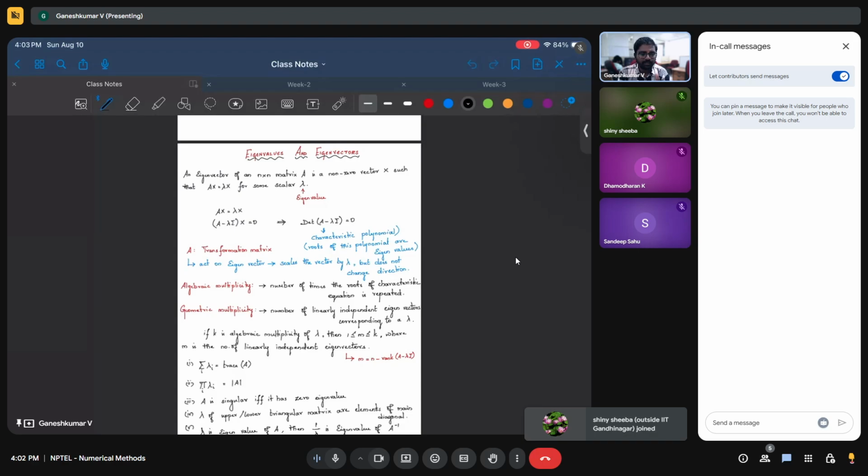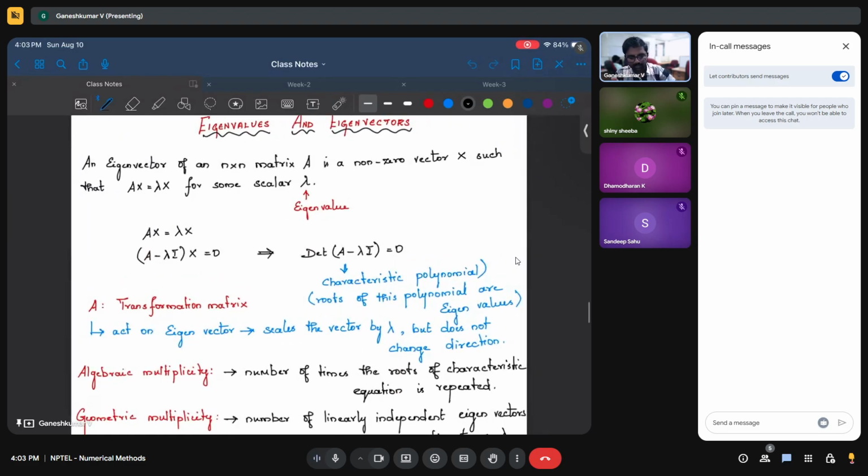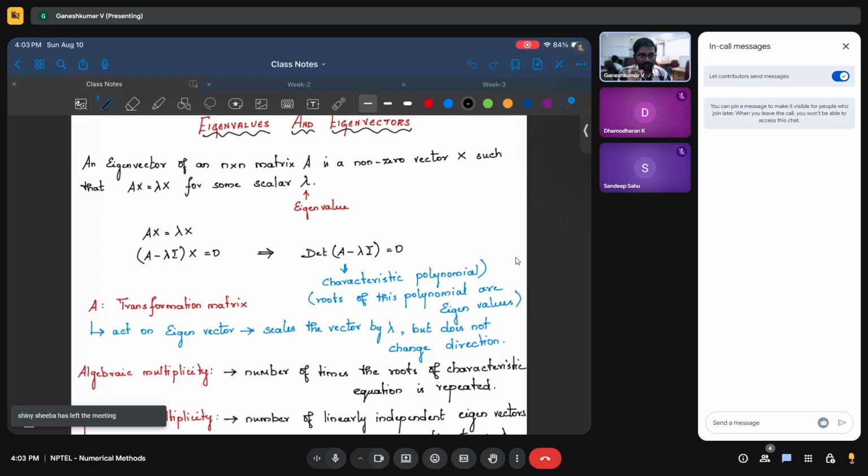For a given matrix, to find the eigenvalues and eigenvectors, you take the determinant of A minus lambda I, where lambda is the eigenvalue, and that gives you a characteristic polynomial. The roots of that polynomial are your eigenvalues.